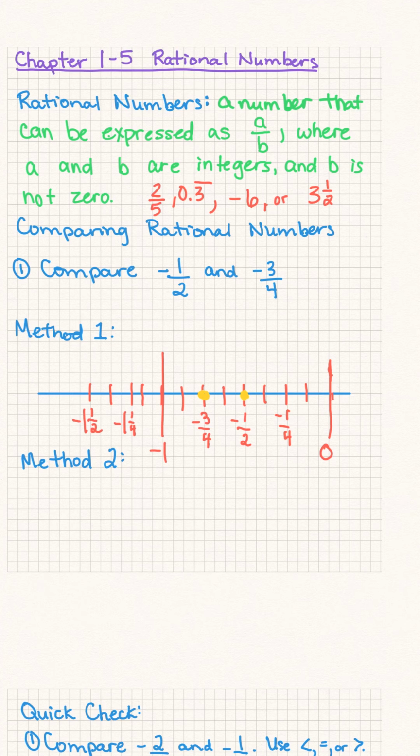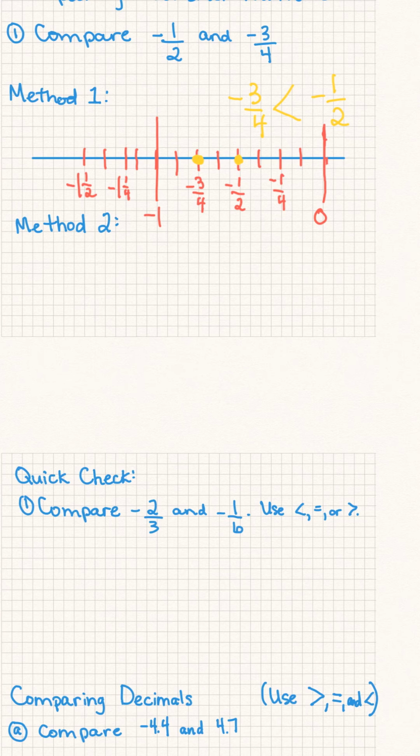So -3/4 is less than -1/2. The second method, you are going to take -1/2 and you have -3/4. You want the denominator to be the same.